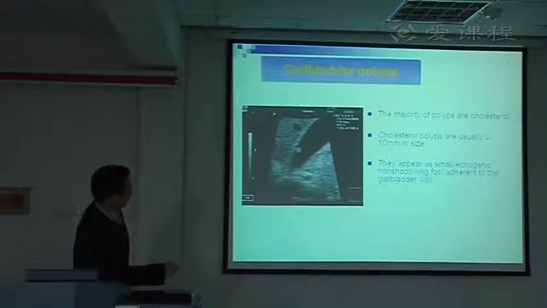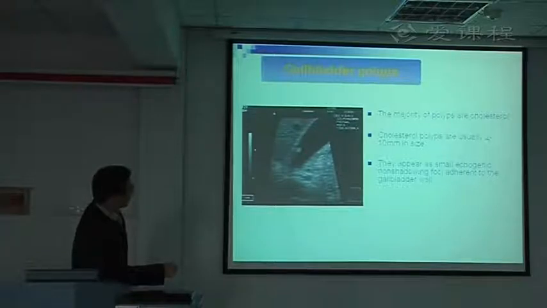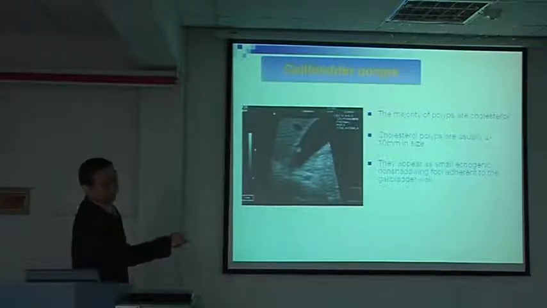But in this patient, ultrasonography shows no shadow. This differentiates polyps from stone. Also, stones are more often located in the dependent body of the gallbladder, but polyps can be located everywhere.